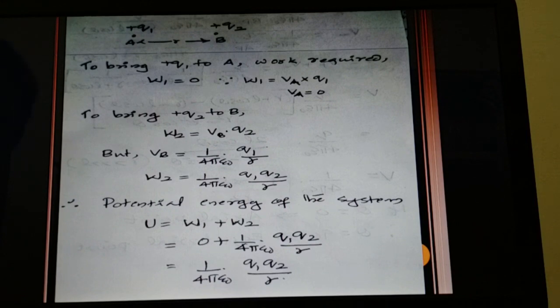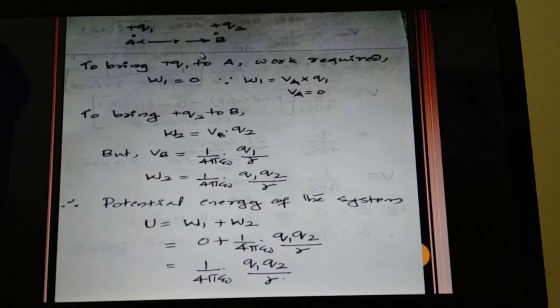To bring plus Q1 to A, the work required, W1, is equal to 0. Why is it 0? Because W1 can be measured as the potential at A multiplied by the charge you are placing there. VA is the potential at the point A. When you are bringing plus Q1 to the point A, no other charges are present in the region.